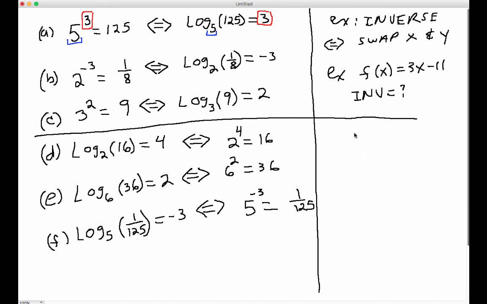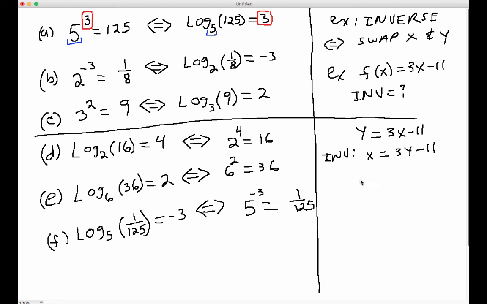Well, right now I'm given y is equal to 3x minus 11. If I want to find the inverse, then I say x is equal to 3y minus 11. Well, there's my inverse, but typically we're going to want that solved for y.